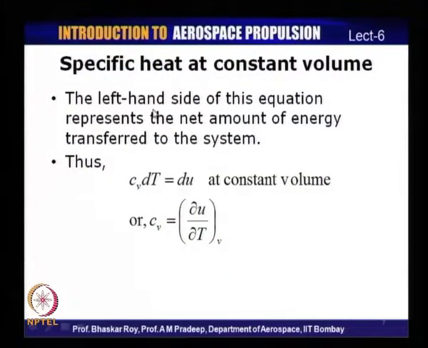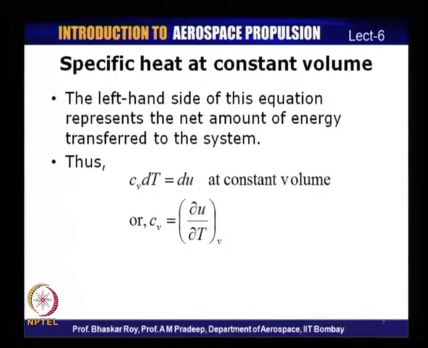Now, the left hand side of this equation, as I was just mentioning, represents the net amount of energy transferred to the system, because it is delta E in minus delta E out, which is essentially the net amount of energy transferred to the system.